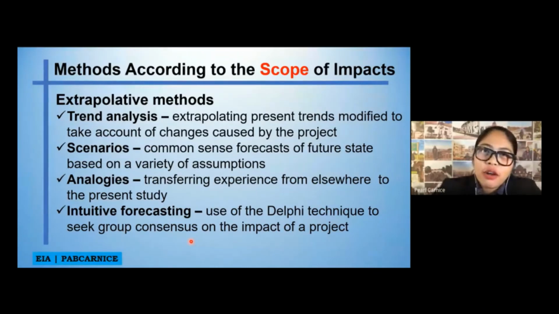Another type of extrapolative method is intuitive forecasting. This is the use of the Delphi technique to seek group consensus on the impact of a project. The Delphi method is a forecasting process framework that is based on the results of multiple rounds of questionnaires sent to a panel of experts.